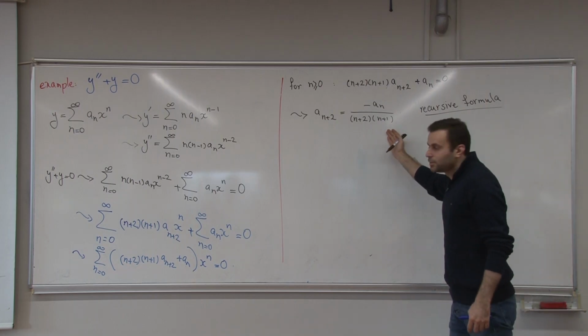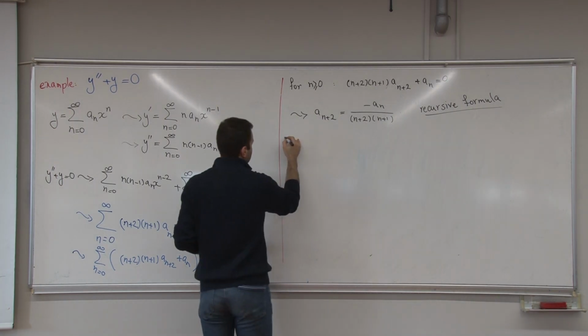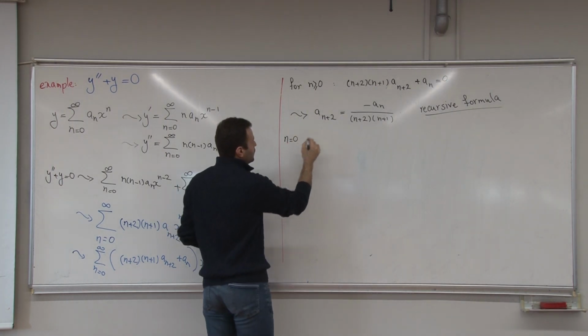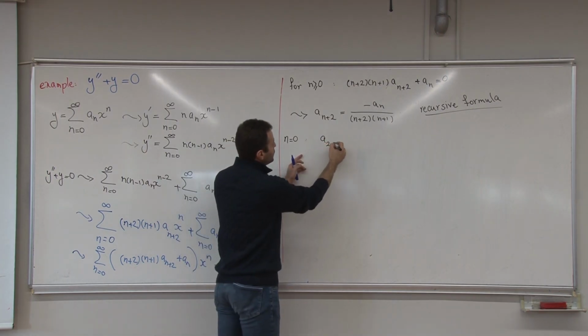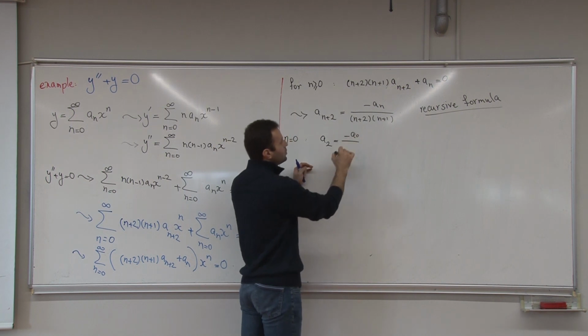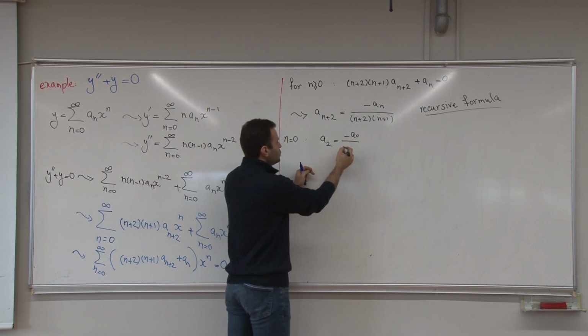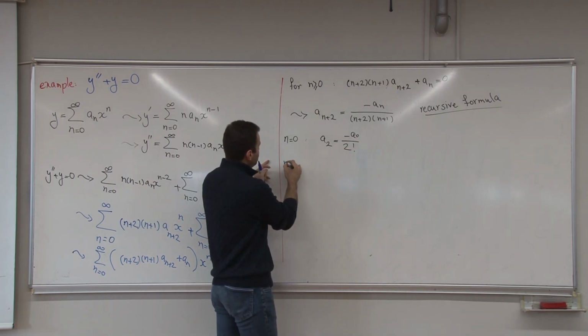What will happen here now? If my n is equal to 0, what will I have? I will have a2 equal to minus a0 over 2 factorial. What if n is equal to 1?